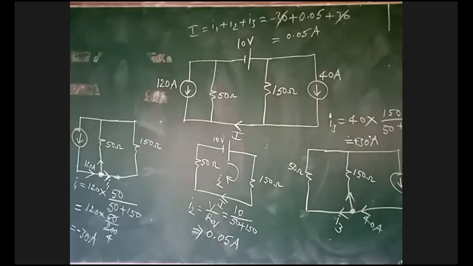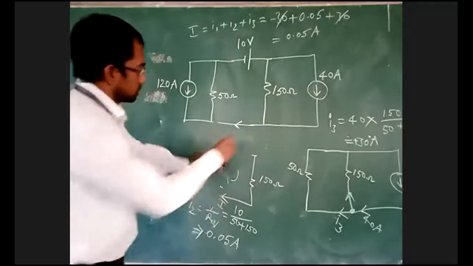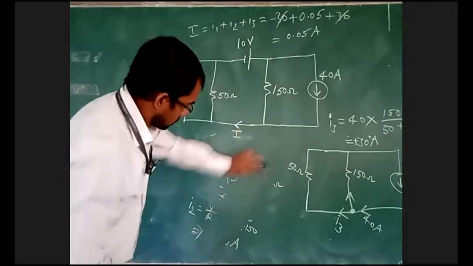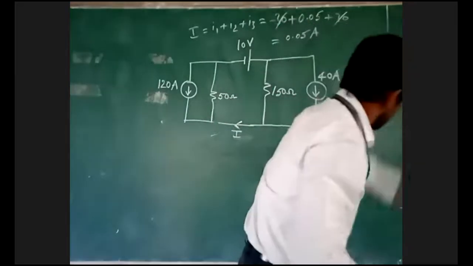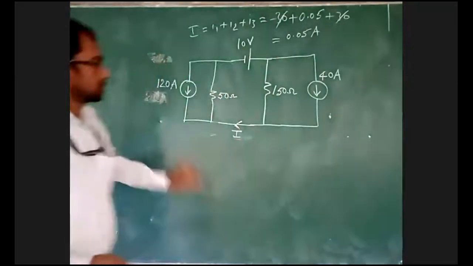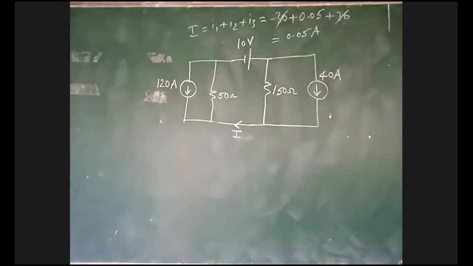So now I will go for verification of this, whether the answer is correct or not. For verification, I can use anything, whether mesh analysis, nodal analysis, current divide rule, or source transformation.